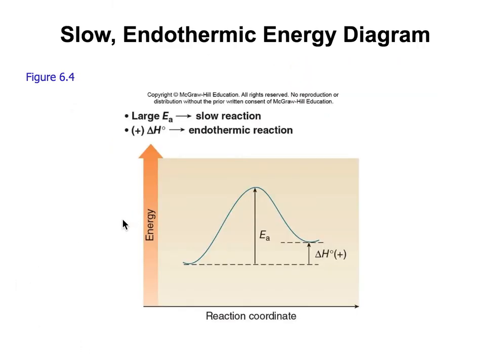Here we're going to see some examples of these curves. In this particular example, we have the starting materials here, and here are the products. The activation energy, which is the energy it takes the starting materials to reach that transition state, is very high. That means we're going to have a slow reaction.